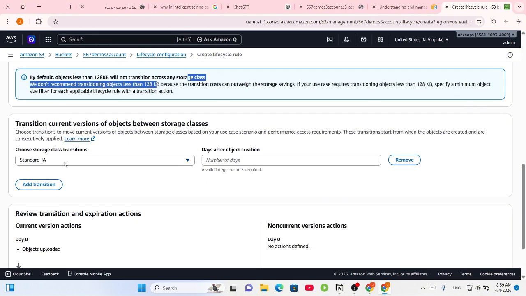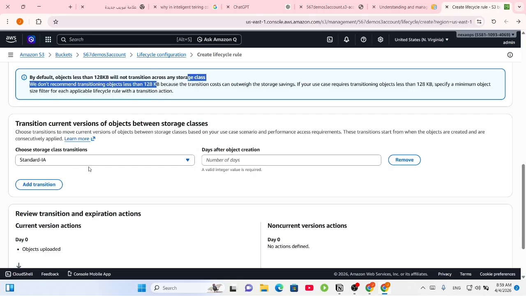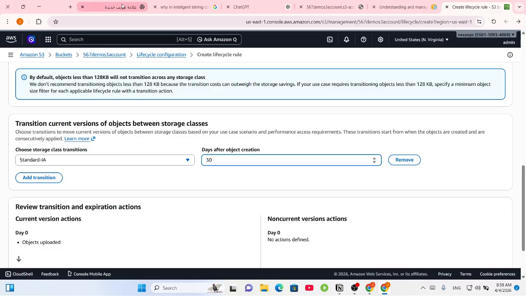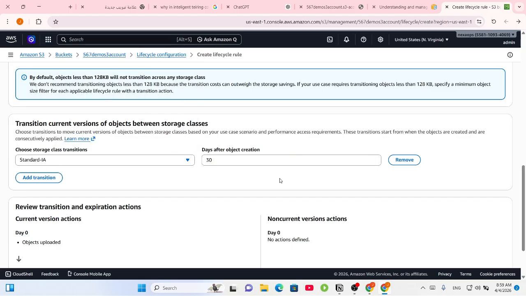So let's say choose the storage class transition: standard infrequent access. By default, if someone didn't access this object for 30 days from the object creation time, then it has to be moved to standard IA.